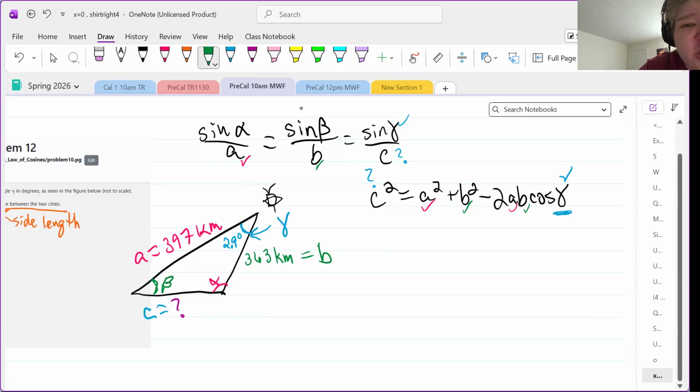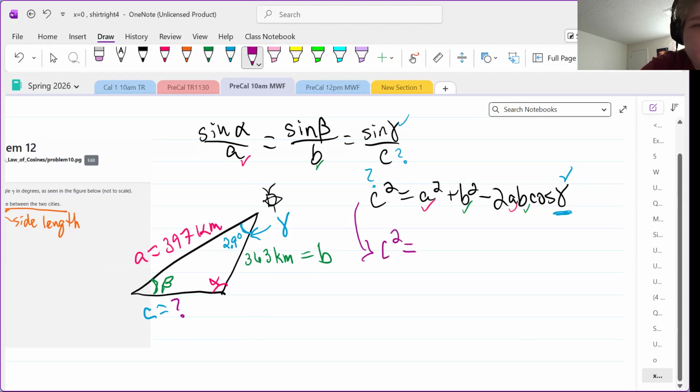So I can't use law of sines to solve for anything in this triangle initially. But when I'm looking for side C, my law of cosines formula, I know A, I know B, and I know gamma. I can fill in my numbers on this formula. So that's what we're going to use, law of cosines.